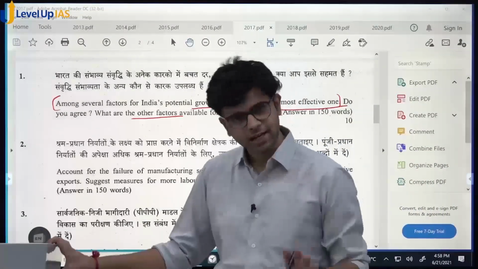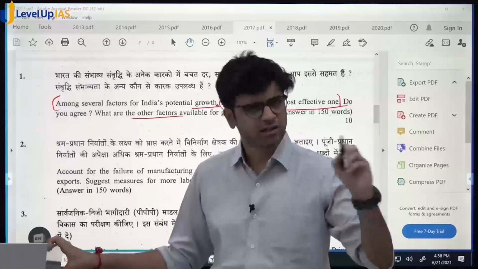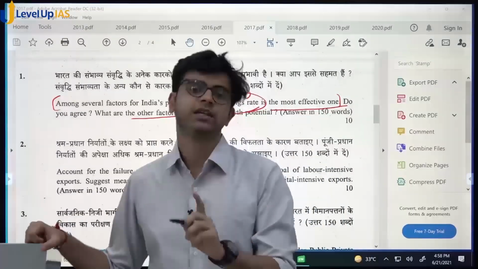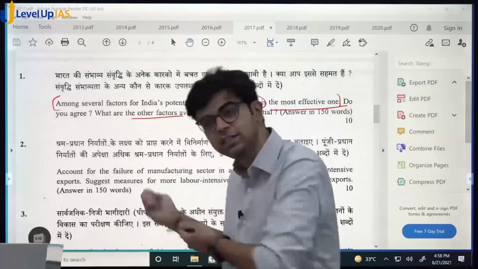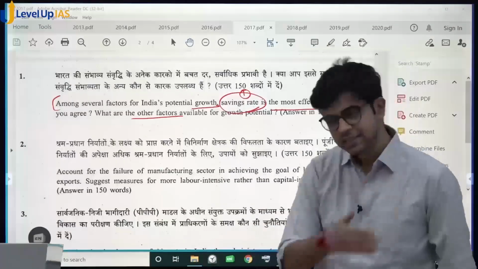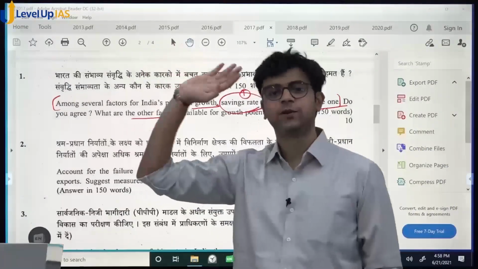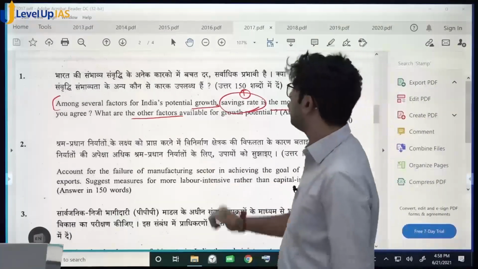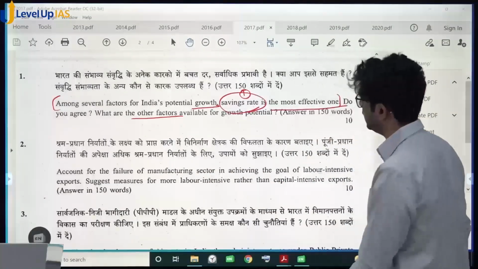You can even write it down as a one-liner in your notes. Simple. We are taking the answer from the question itself here. Next time when a similar question comes, savings rate is one of the factors. We are going to stick it like that in the answer. Okay? Do you agree? What are the other factors available for growth potential?